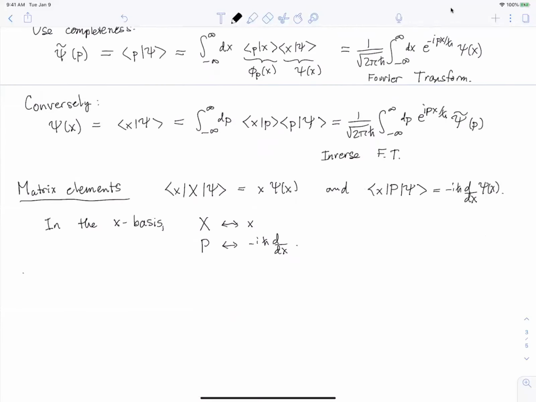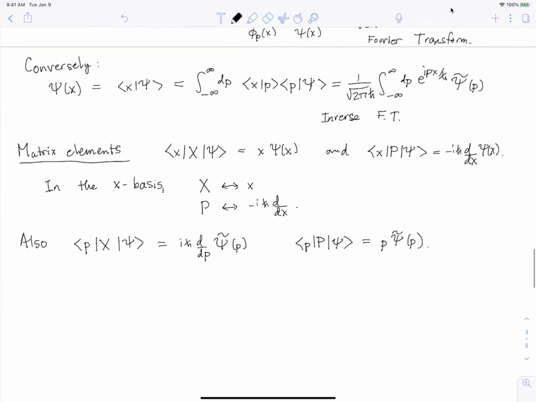Okay, and then similarly, I can consider the matrix element <p|X|psi>, and that's i h bar d by dp of psi tilde of p. Whereas, if I consider this matrix element of the p operator in between the same two states, that's just the number p times psi tilde of p.